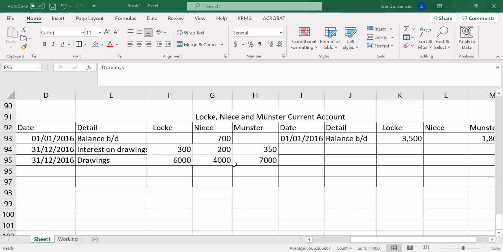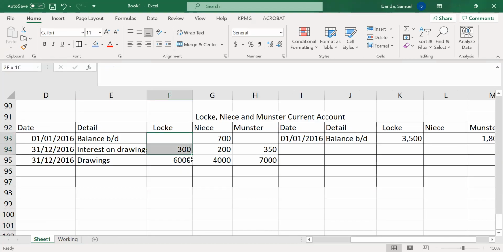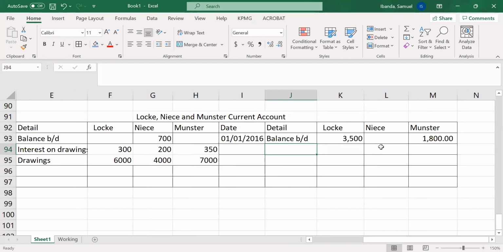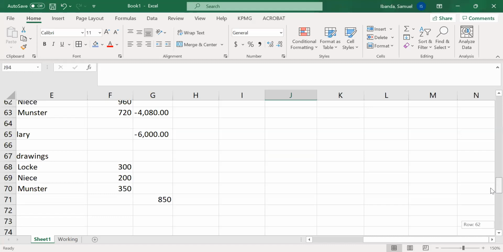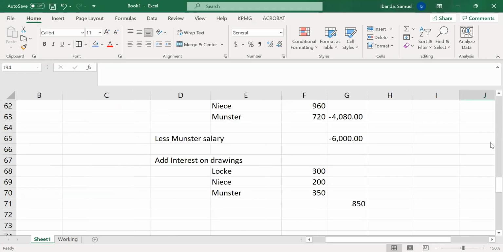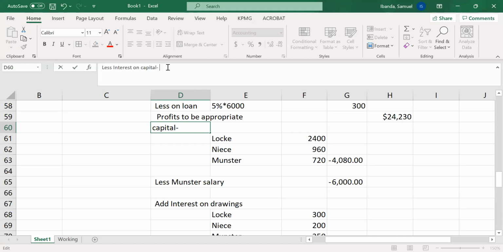One of the other things that also goes to our current account here, of course, we have the balance brought down that we are seeing here, which we already recorded. But one of the things that we saw was the interest on loan. And one of the persons that gave us the loan is Loki.